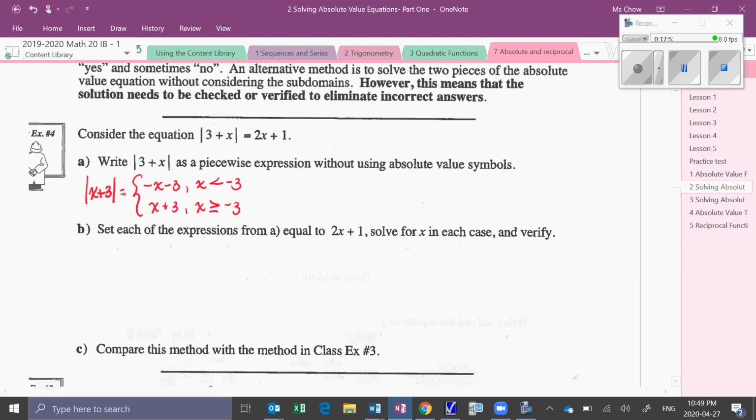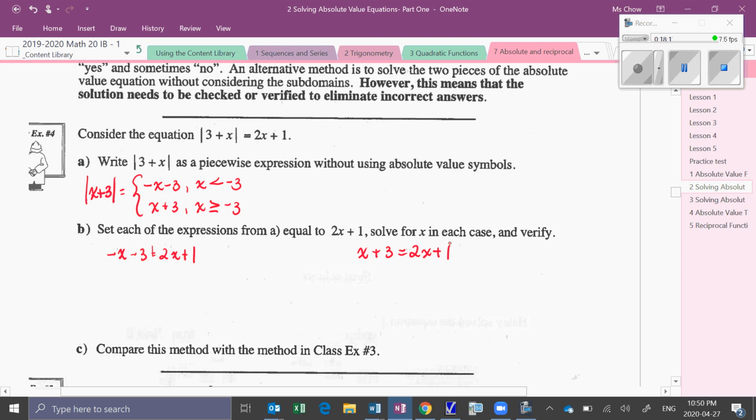So at the end of the day, we're going to just try both of them. So we're going to take a look at -x minus 3 equal to 2x plus 1 and solve that. And we're also going to take a look at x plus 3 equal to 2x plus 1 and solve that.